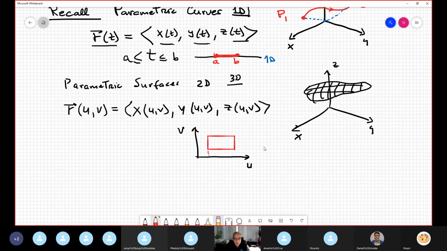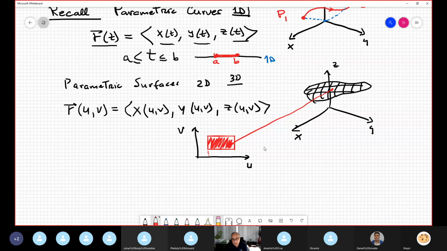This is the domain of u and v, and you associate any point inside here with a point on the surface. But this is flat, and this is not flat.